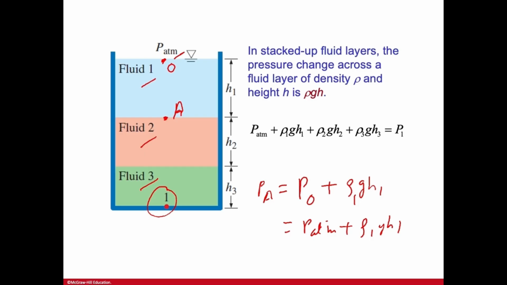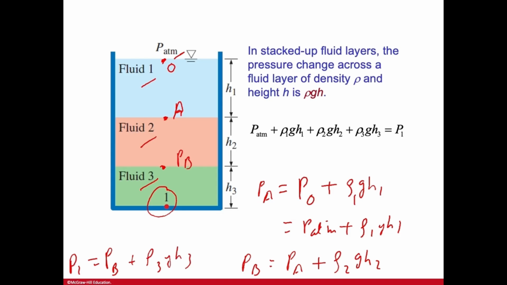Now if you want to find B with respect to point A, PB is equal to PA. Will it be plus or minus? Point B is lower than point A, so you will again add it up: rho 2 g h2. Finally, if you want to find P1 with respect to point B, P1 is equal to PB plus rho 3 g h3.